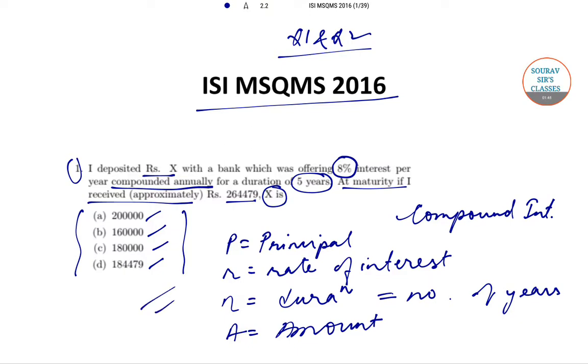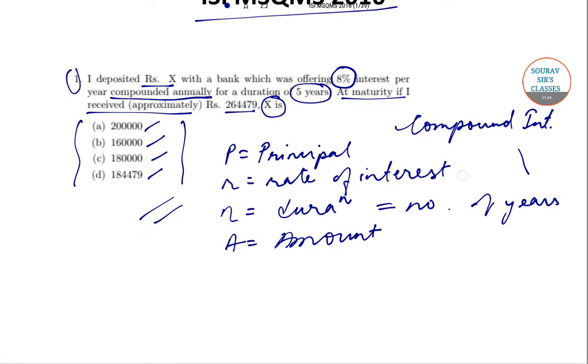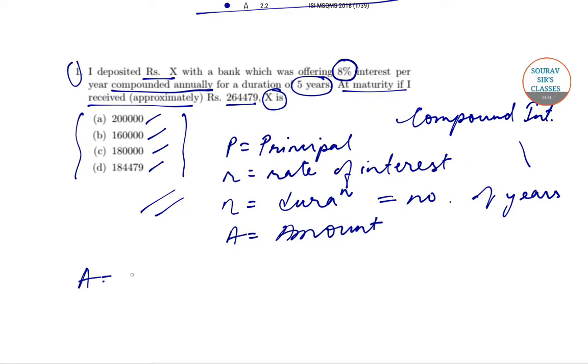Then the formula is A is equal to P times (1 plus R by 100) to the power N.